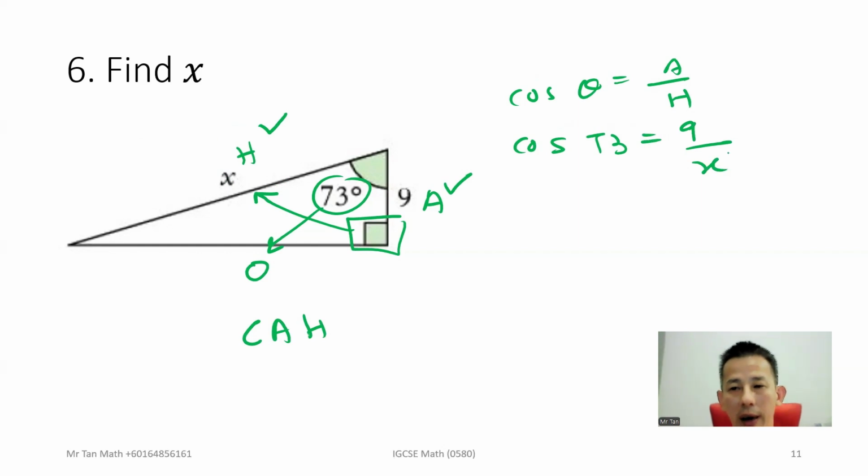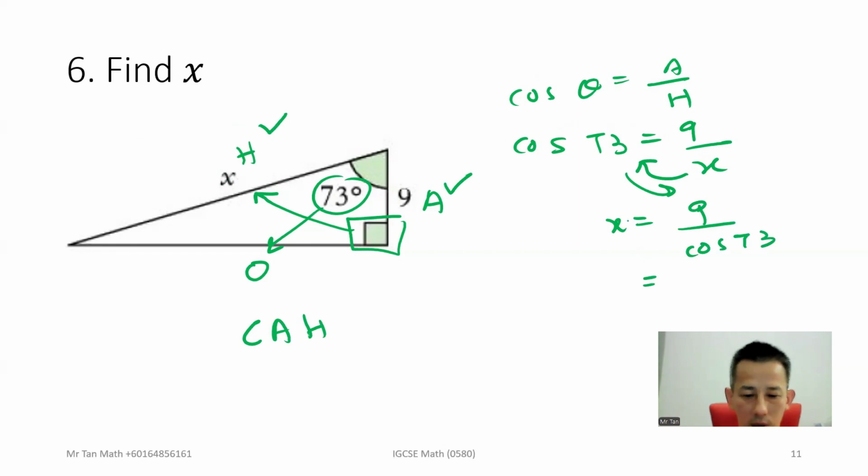Again, now your x is the denominator, so you just exchange. You get x equal to 9 over cos 73. Calculate 9 over cos 73, you get 30.78.